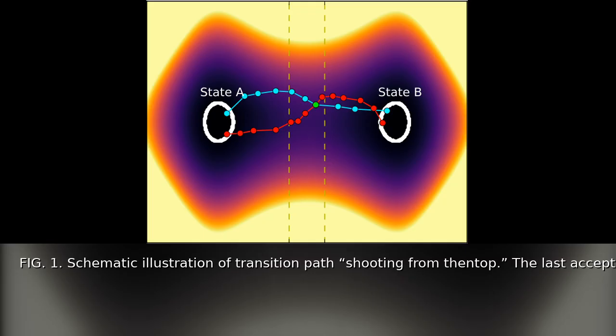Central to the shooting approach is the shooting point, indicated in green, that lies on both trajectories within a defined shooting range bounded by dashed yellow lines at Q of x equals Q0 and Q of x equals Q1. For these two paths, there are different numbers of points within this shooting range. N equals 3 for the accepted trajectory, and N0 equals 5 for the trial trajectory.